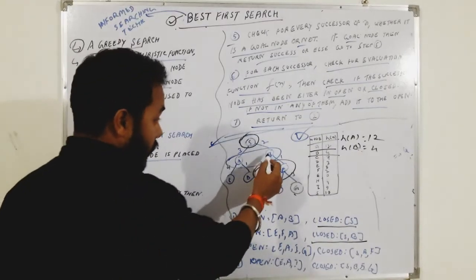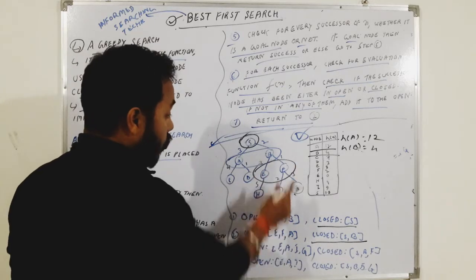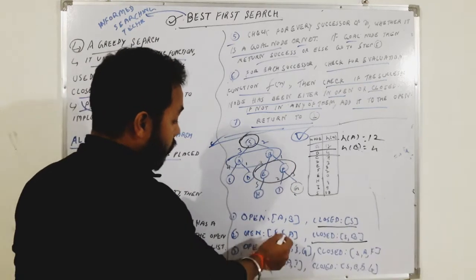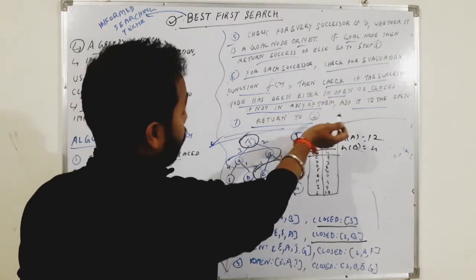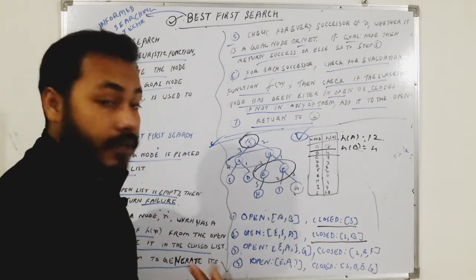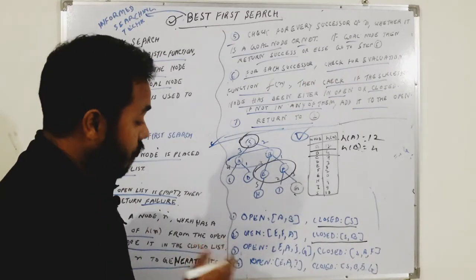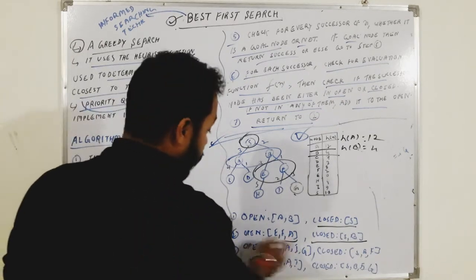The successors of B are E and F. So put them in the open list, E, F, A, because they are not already in the open list or closed list. As step 6 says, if they are not in the open list or closed list, then first of all we have to put them in the open list. So we have put it.